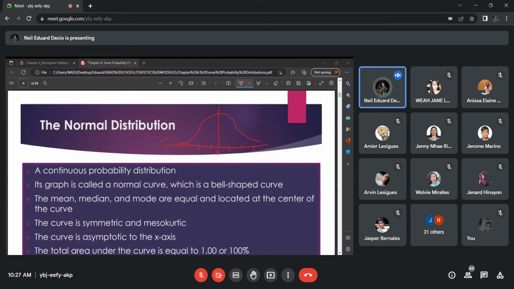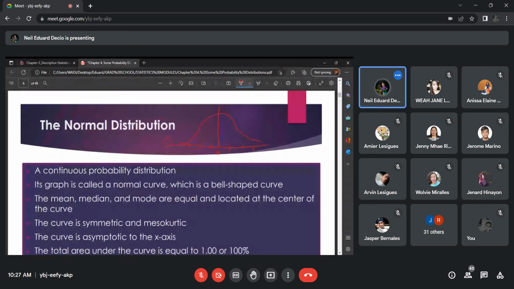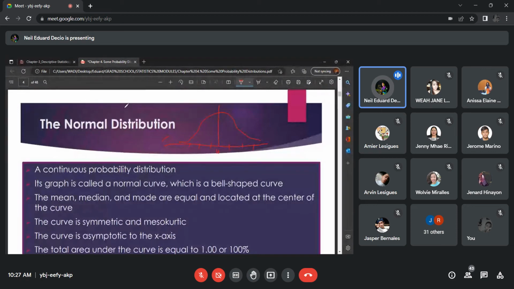And then yung mesocortic naman, that's actually kurtosis, no? That's one type of a kurtosis wherein parang yung peakness of our distribution. I can't remember yung dalawa, but then yung isa is mesocortic, meron ata tayong leptocortic, platycortic, okay? So meron tayong ganito.